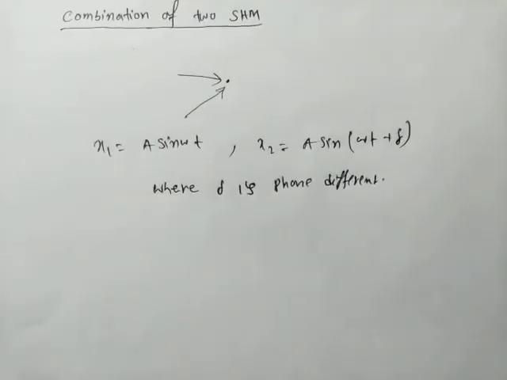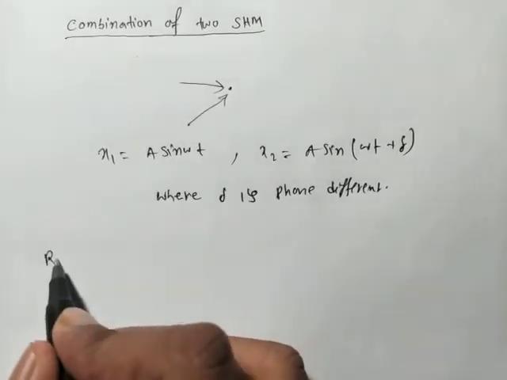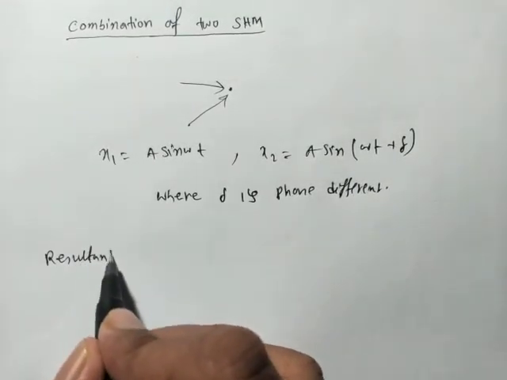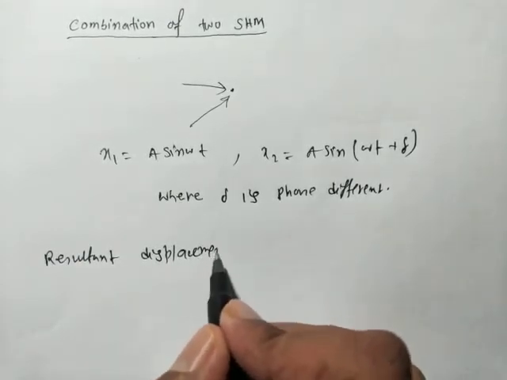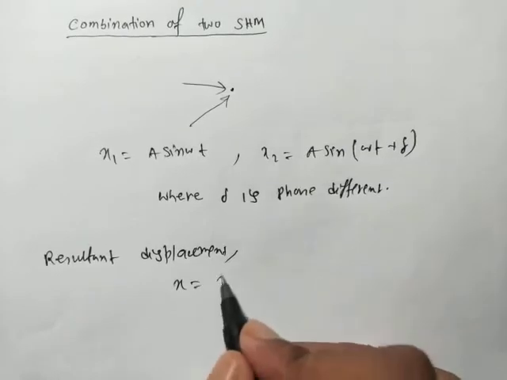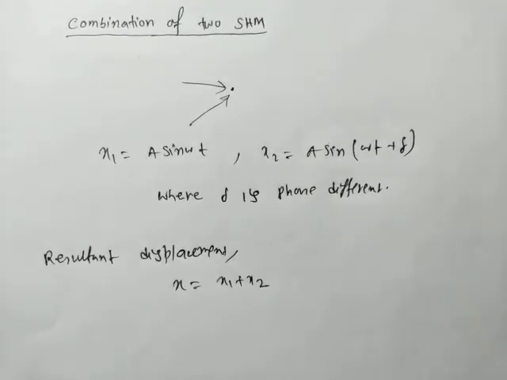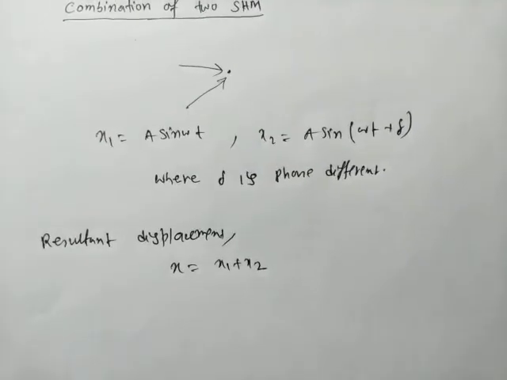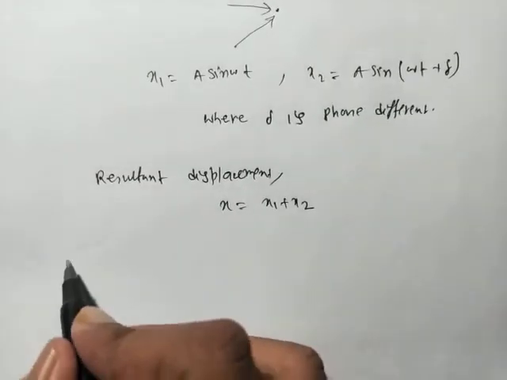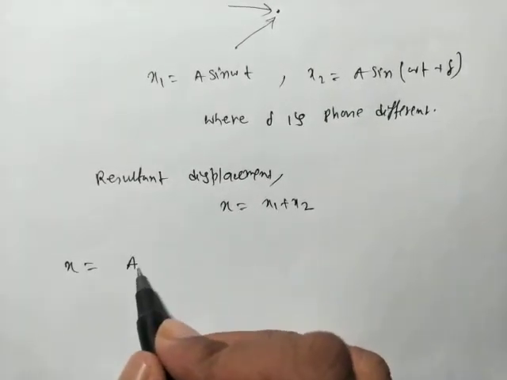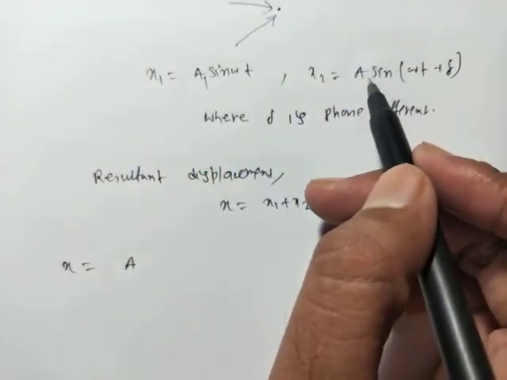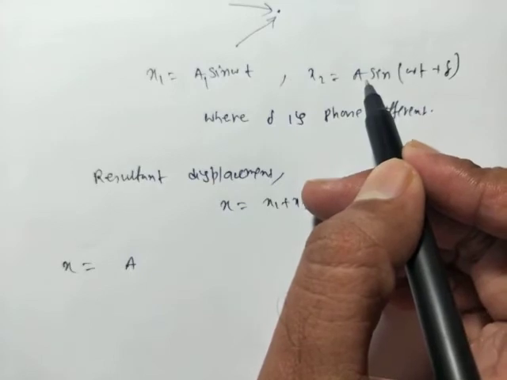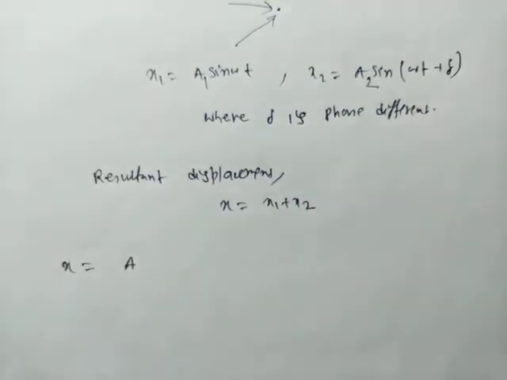Now what will be the resultant displacement? The resultant displacement will be x equals x1 plus x2. You can say this amplitude is a1 and this is a2, since the amplitudes of the two displacements can be different.